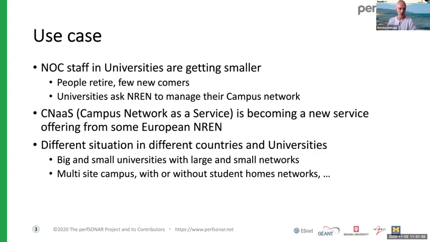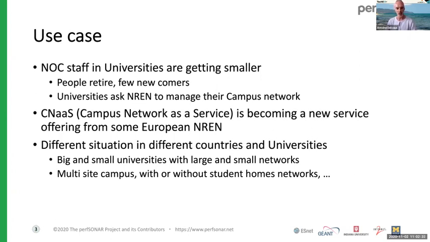So in the last couple of years, we've seen quite an interest amongst universities in the GÉANT area that would like some help from their National Research and Education Network to manage their own campus network, because their teams are getting smaller and they want to still be able to manage the campus network as well as possible. They even coined a new term for that.